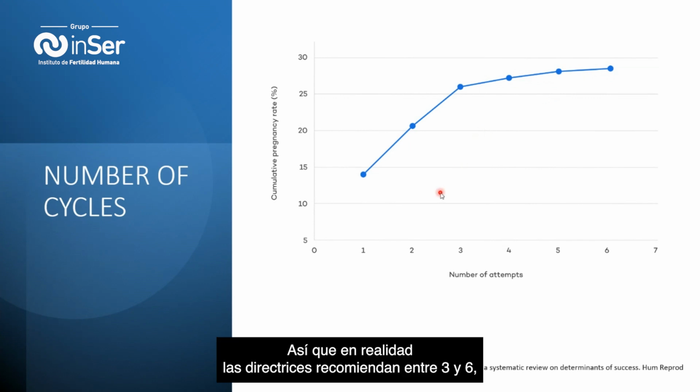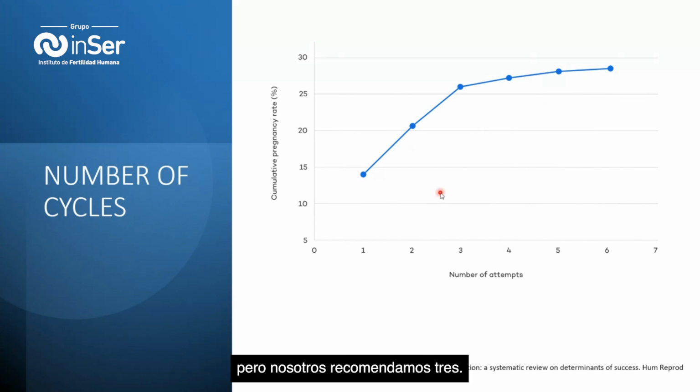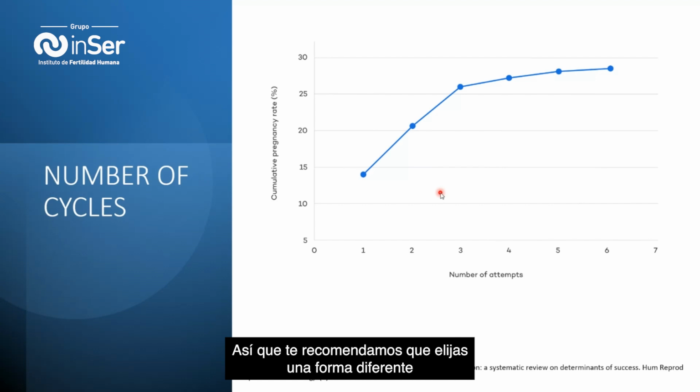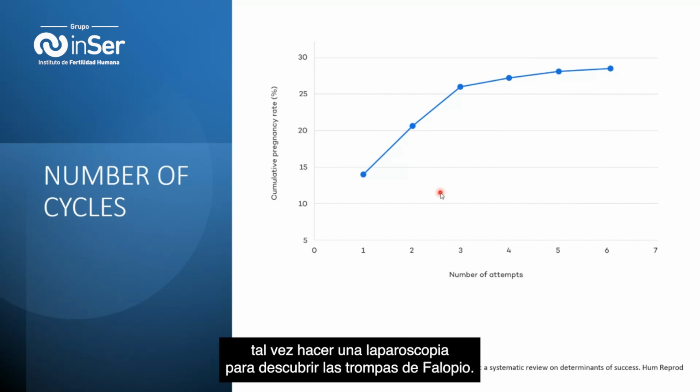So actually, the guidelines recommend between 3 to 6, but we recommend 3, maximum 4, because with more than 4, you won't get that patient pregnant. So we recommend that you choose a different way, maybe a laparoscopic surgery to find out about the fallopian tubes.